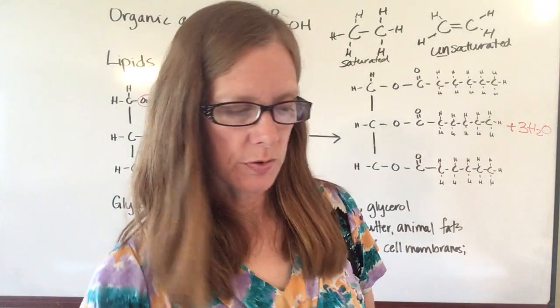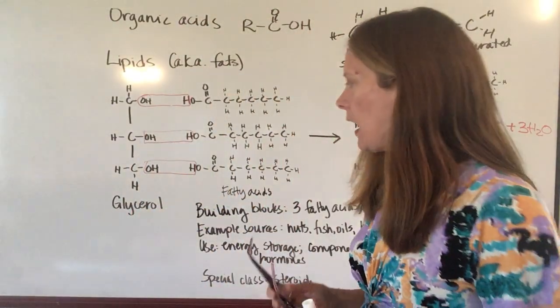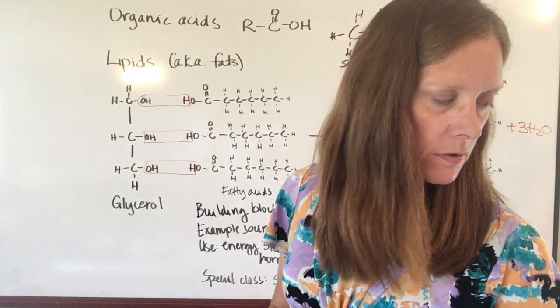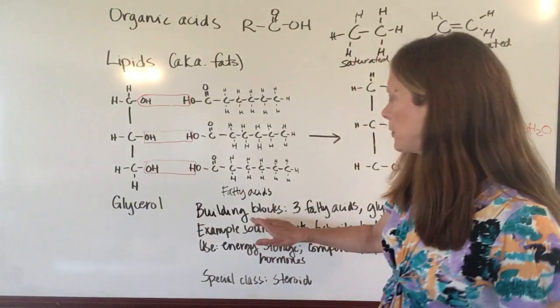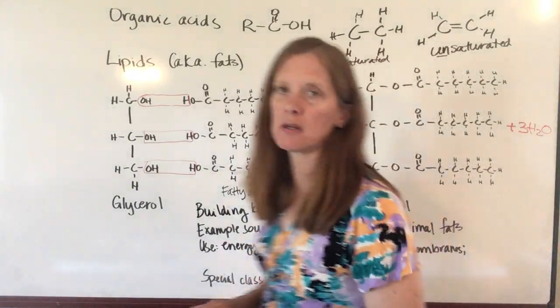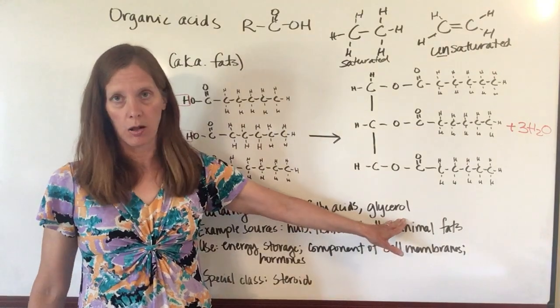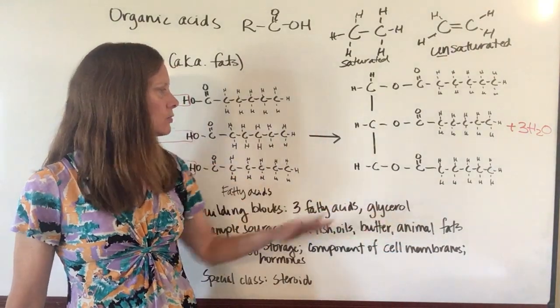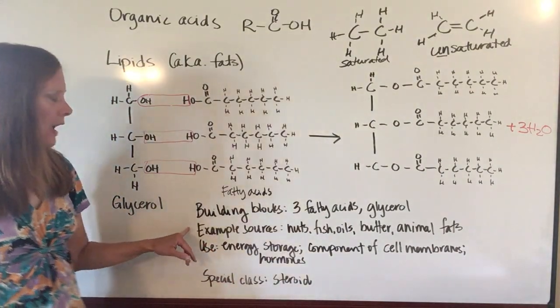Okay. So now you want to get your chart back out so we can fill that in. The second line in your chart is for a lipid. So the building blocks of a lipid are going to be 3 fatty acids and a glycerol. You need both of those components in order to make up a lipid.